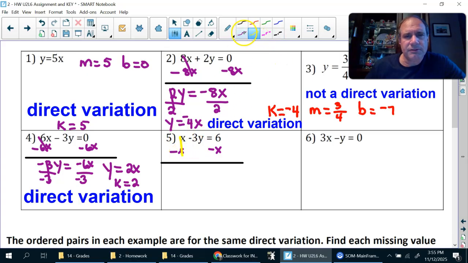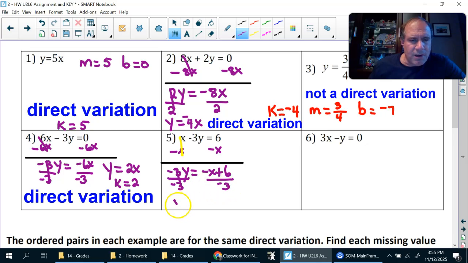This cancels. We get negative 3y equals negative x plus 6. And we're going to divide by negative 3. This y comes down, equals 1/3 x minus 2.